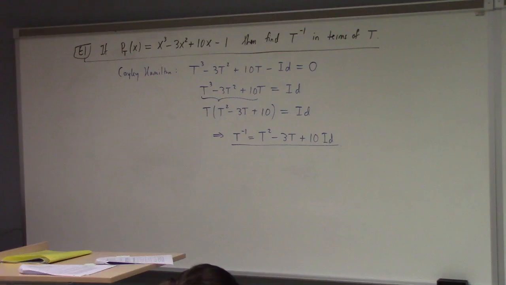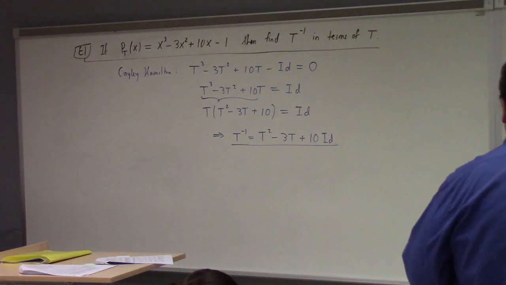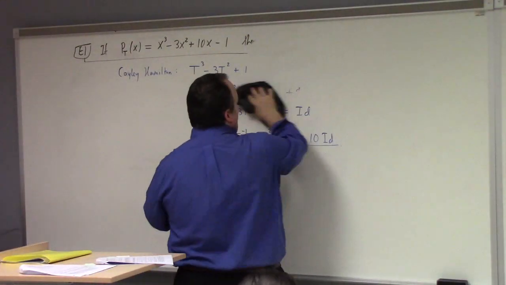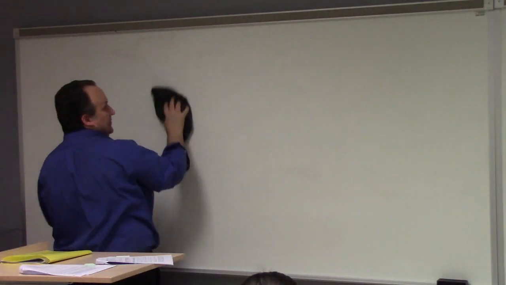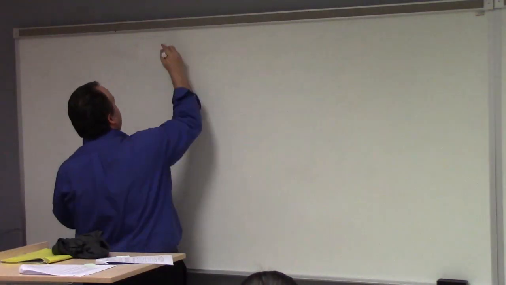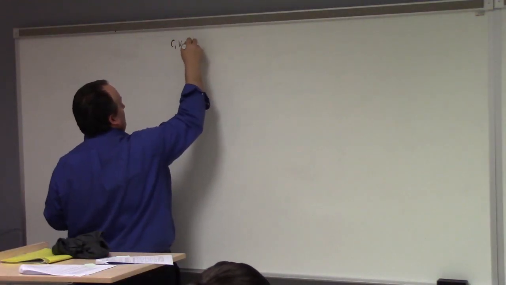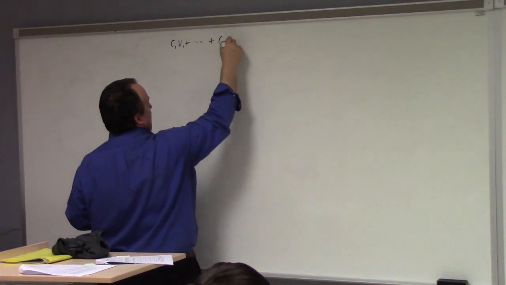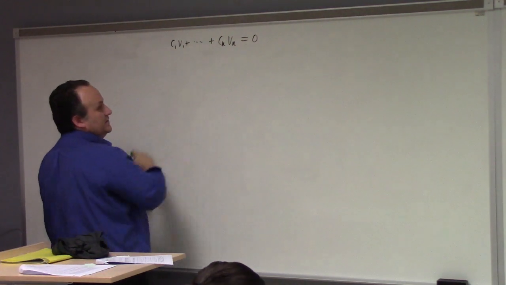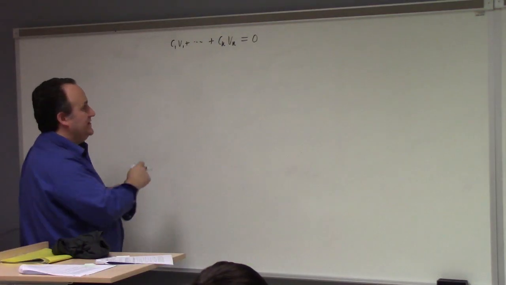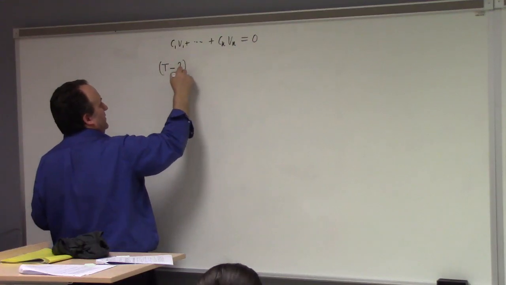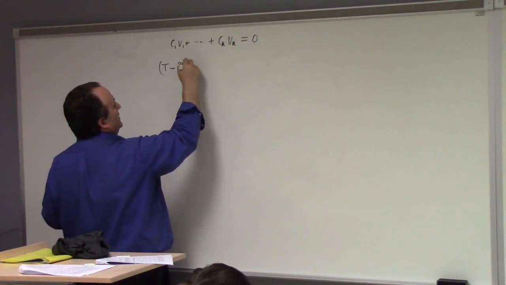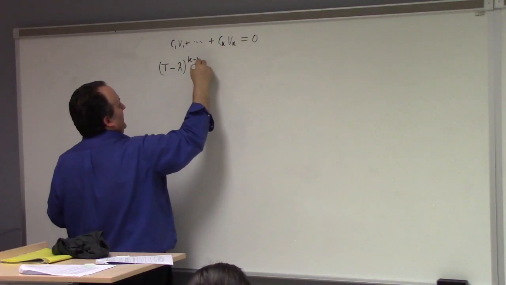All right. Okay, so to prove linear independence of the k-chain, we say take a linear combination. Suppose you've got c1 v1 plus ... plus ck vk equals 0. And may I humbly suggest that we look at (T minus lambda) to, I don't know, the (k minus 1)th power acting on that.